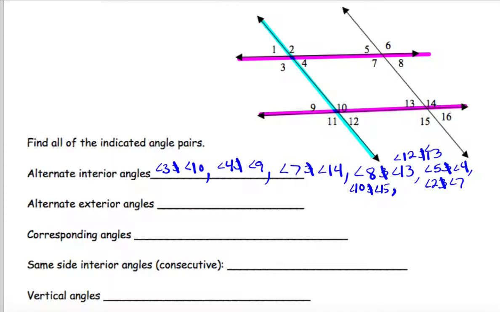So for my alternate exteriors, I'm going to start writing them all the way over here, and I'm going to use a different color. So exterior would be like 1 and 2, 11 and 12 are exteriors. So 2 is going to be an alternate exterior with 11. So angle 2 and angle 11 are alternate exteriors. Angle 1 would be alternate exterior with 12.